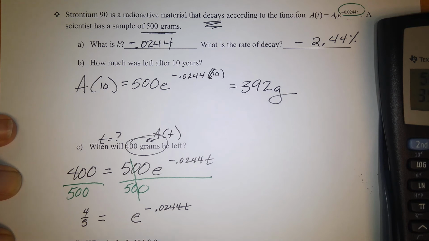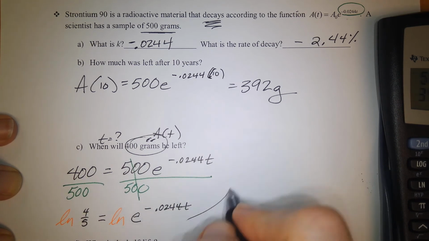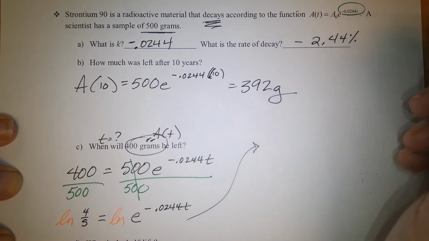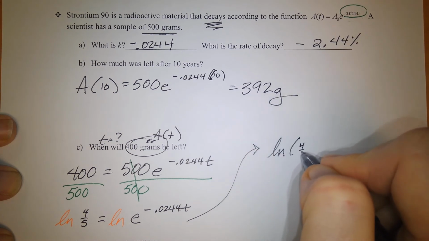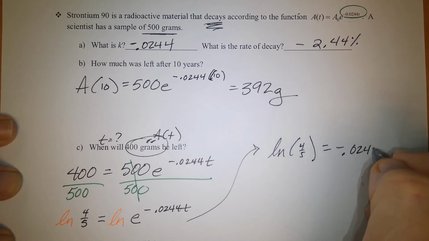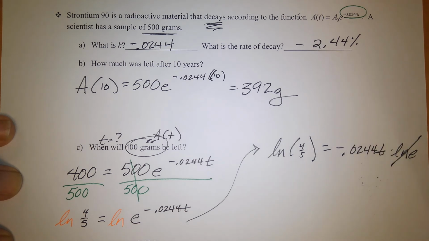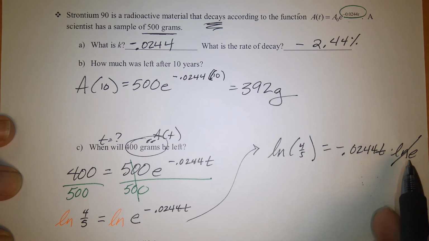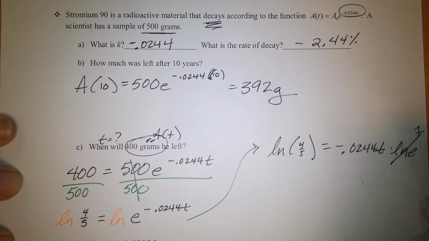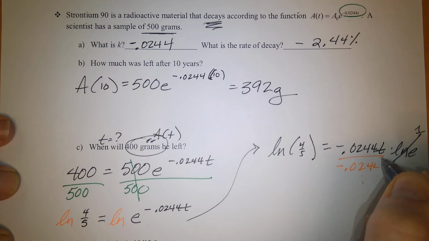In order to bring that t down in front, we're going to have to take natural log of both sides. So we'll have natural log of 4/5 equals negative 0.0244 t times natural log of e. Always remember, natural log of e is equivalent to 1. That's why we can cancel that out. So our last step is to divide out this coefficient. Don't forget to take the negative with it.